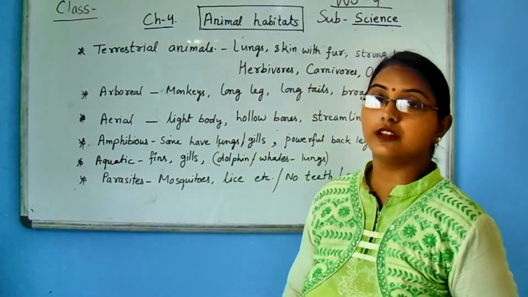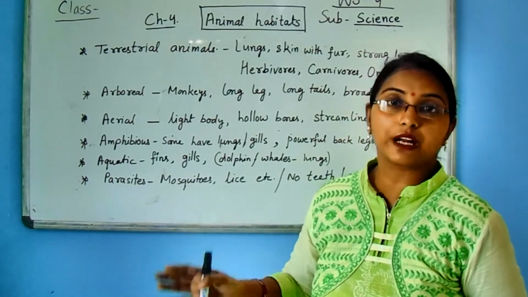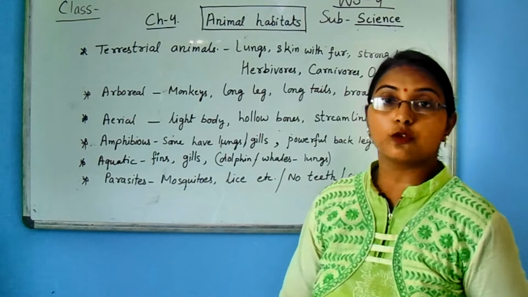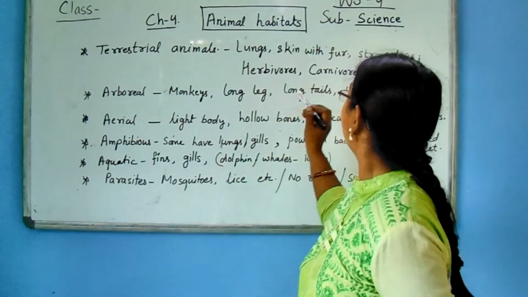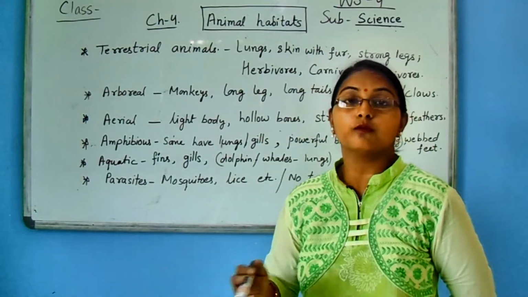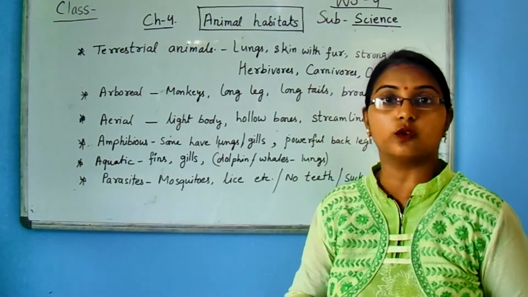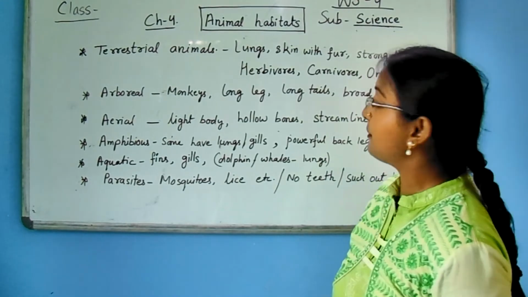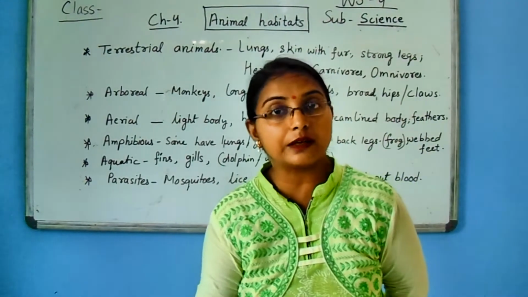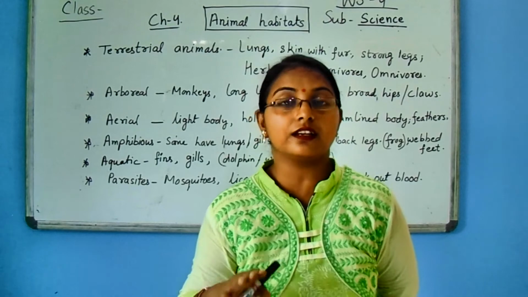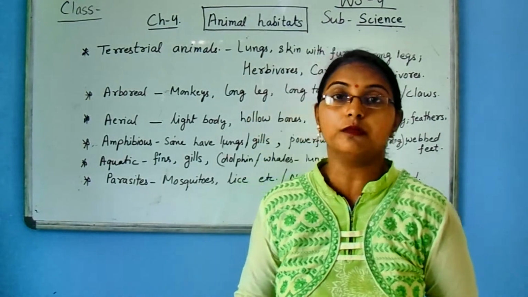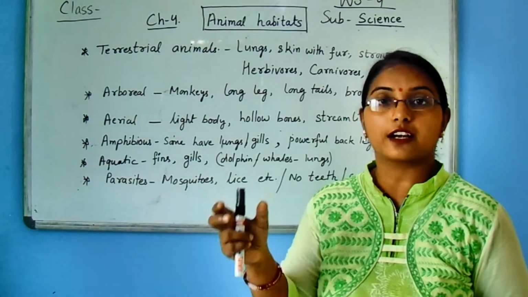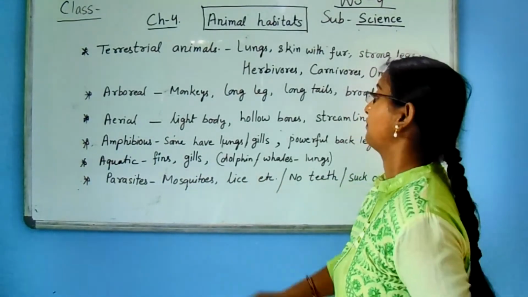They live on trees or tree branches. They have obviously long legs to balance their body, long tails to move here and there and to hang from the branches, and broad hips and claws to maintain their body in a balanced form by hanging on the stem or branch, so that they can hold it well.